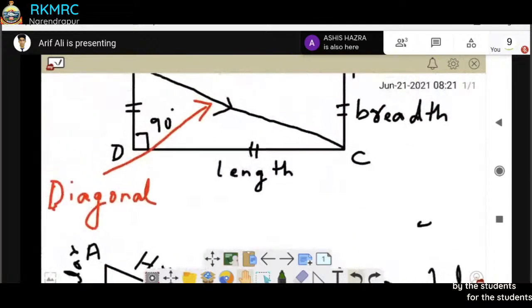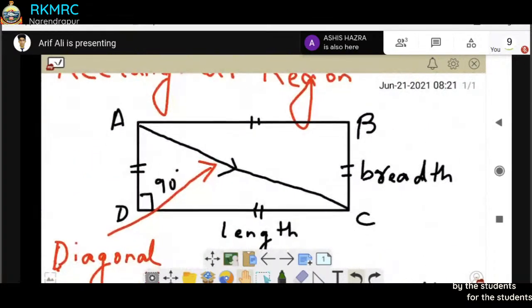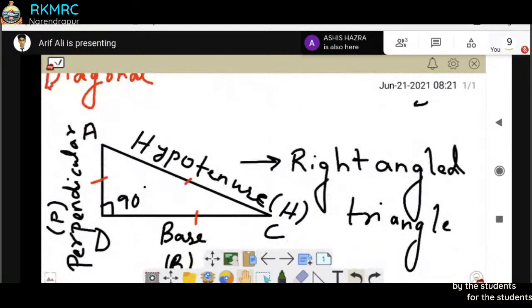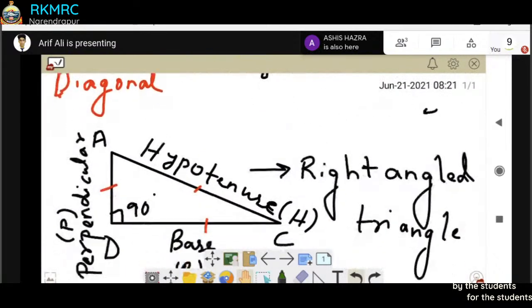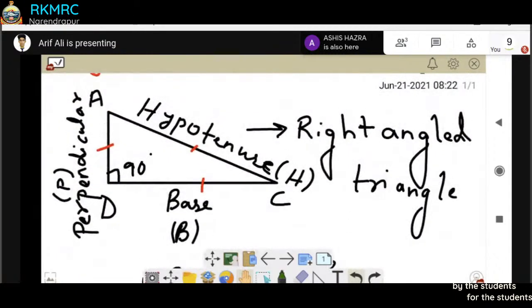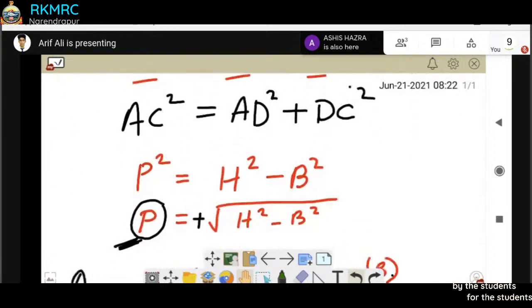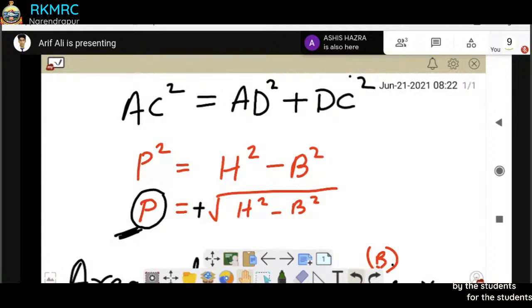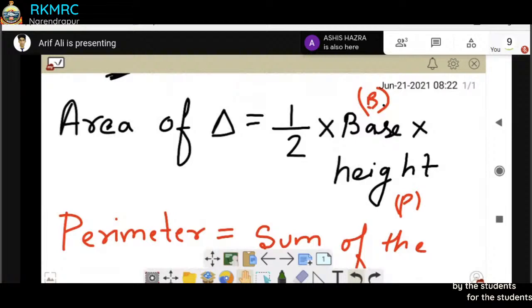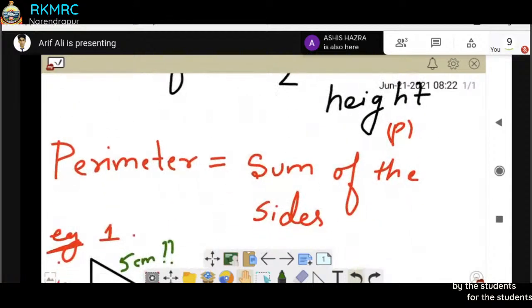We started with the rectangular region. From there we came to know about the right angle triangle. Here we see hypotenuse, perpendicular, base. Then area of triangle is half base into height.